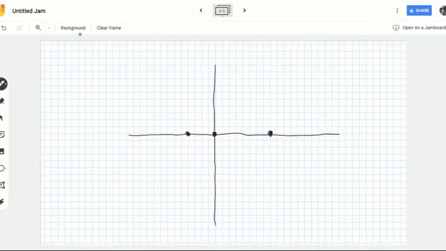And at these points are vertical asymptotes. And on Apex, most vertical asymptotes are denoted by vertical red lines that go through these points.